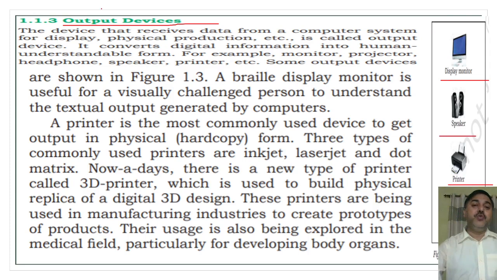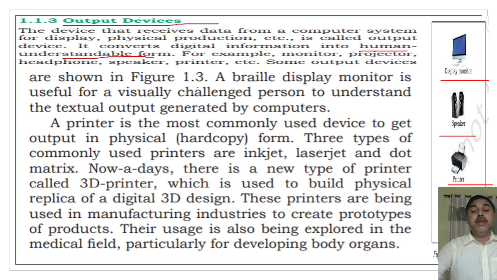The output devices we find in the computer system display the output, converting the digital information into human understandable information. Human understandable form means how the human can understand and work on it. So we can send different types of data and information.